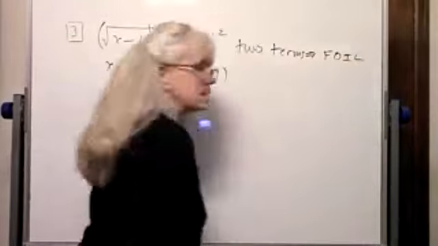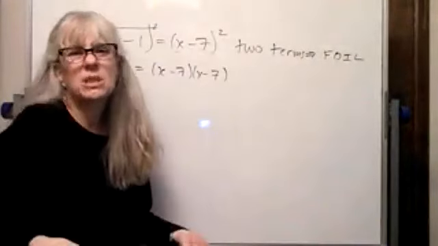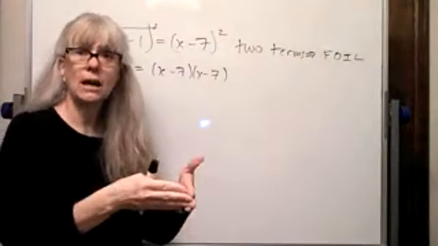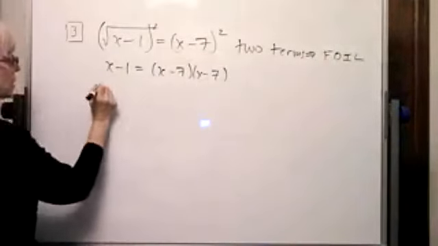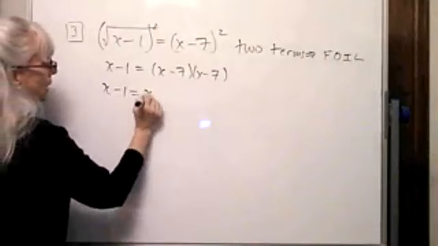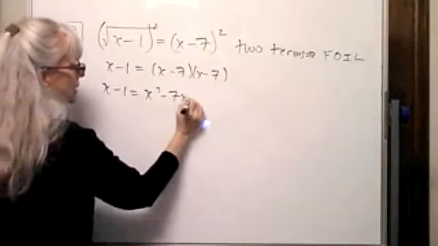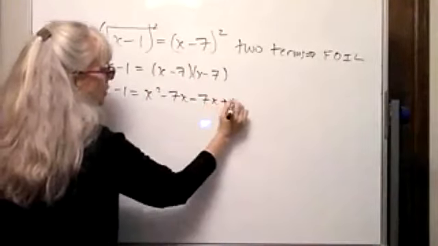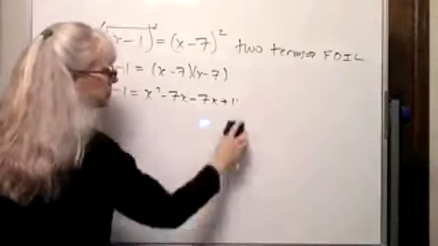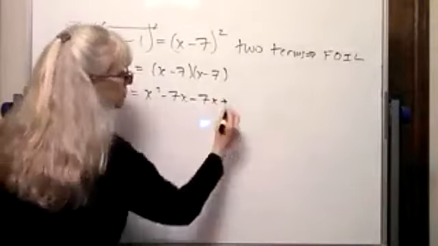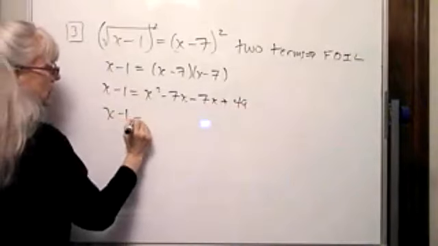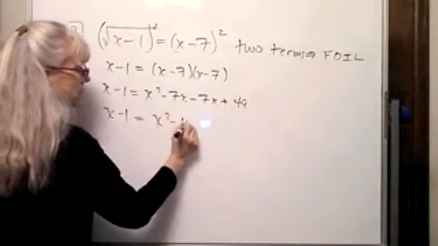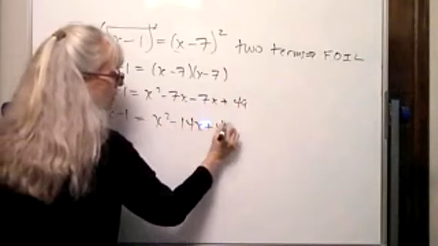We did not need to do that in the previous examples because they were single terms. They didn't have that sign separating numbers or things. So when we FOIL this out, we're going to get an x squared, a minus 7x, a minus 7x, a positive 49. So that's going to give me x minus 1 is equal to x squared minus 14x plus 49.